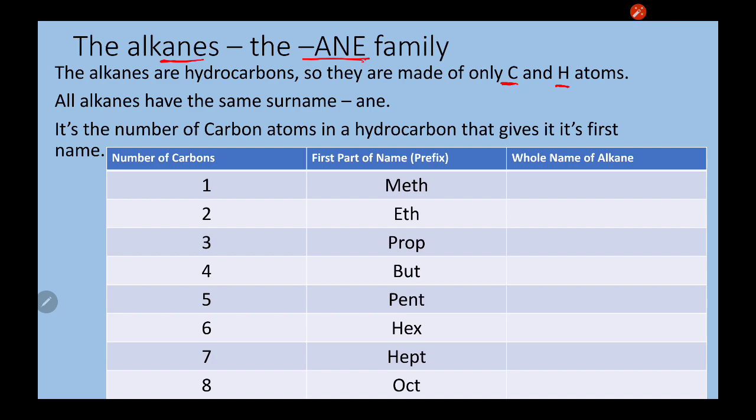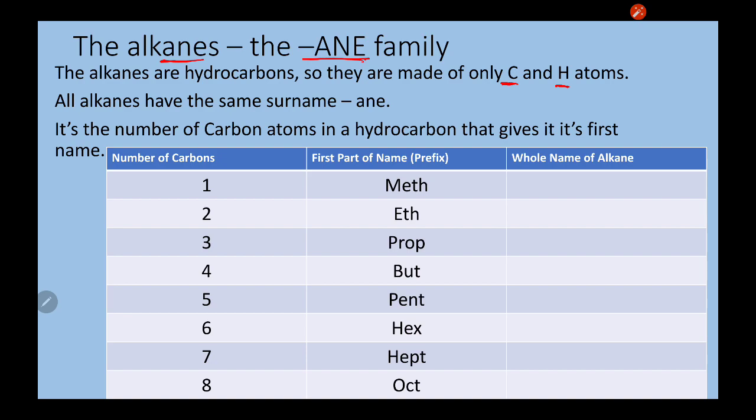So what I've done here is I've got a table, and we're going to look at the first 8 alkanes, 1 to 8 in terms of number of carbons. Depending on the number of carbons depends on the first part of the name. They will all have the same surname, but their first name is here, depending on the number of carbons.